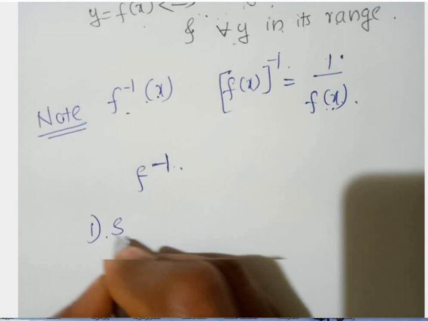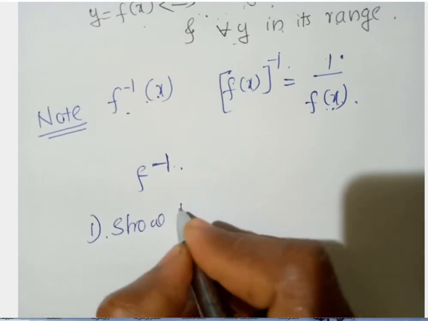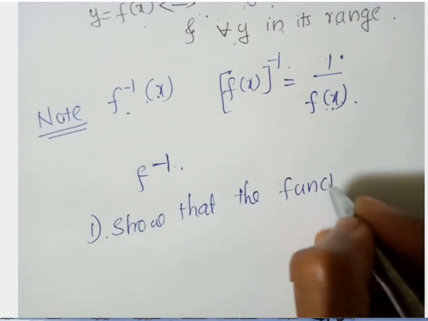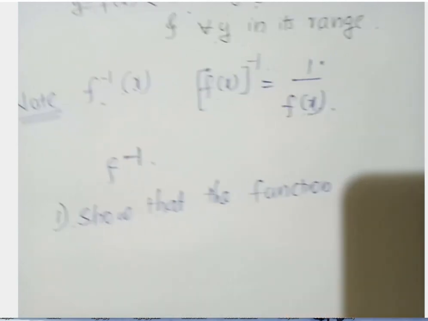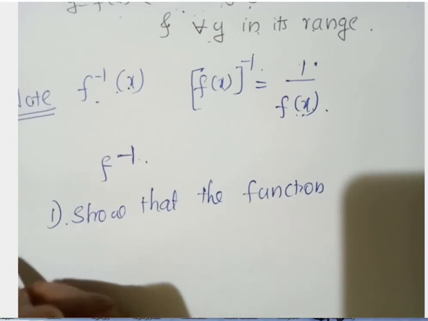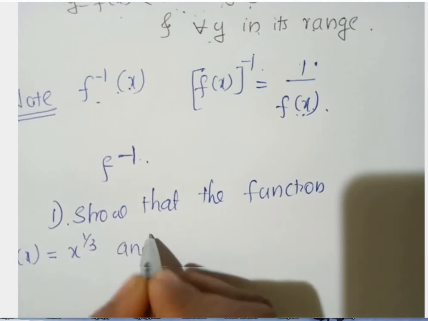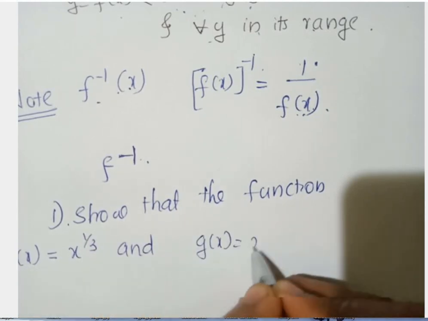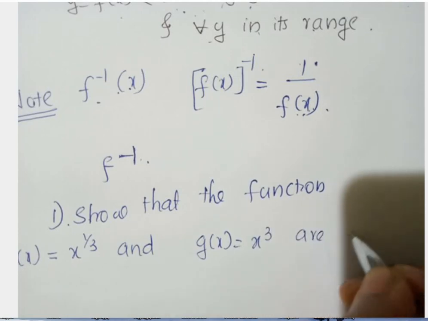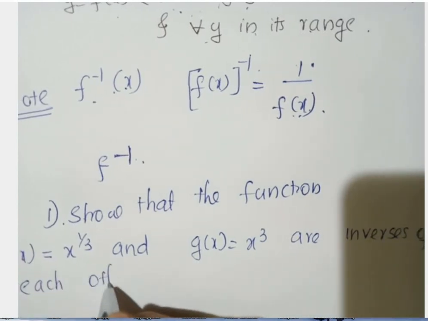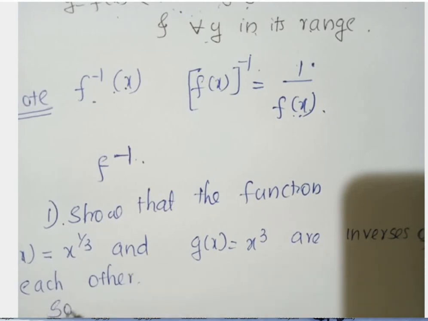Show that the function f of x equal to x raised to 1 by 3 and g of x equal to x cube are inverses of each other. How can you solve that? How can you show these are inverses of each other?